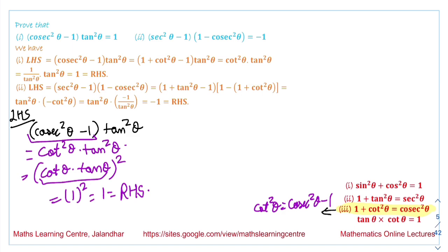Similarly, in the second part, from the second equation we can deduce that tan square theta is equal to secant square theta minus 1.